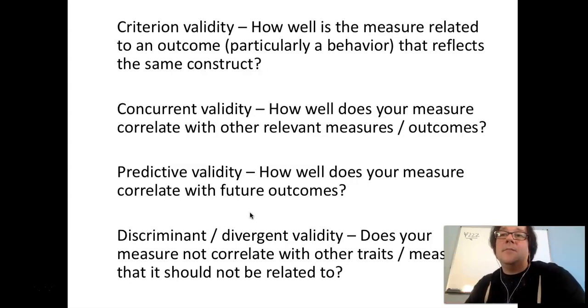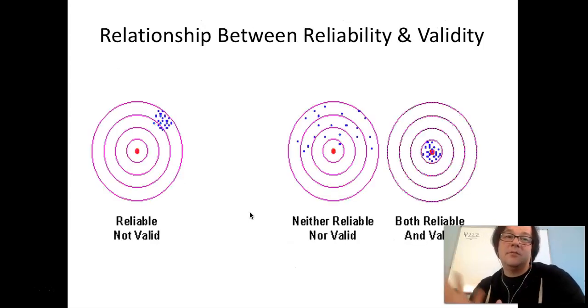Okay, and just to wrap this lecture up, since it's almost going on 2 hours. Wow. Okay, just taking a look at the relationship between reliability and validity. So in this first bullseye here, we could see this first target.